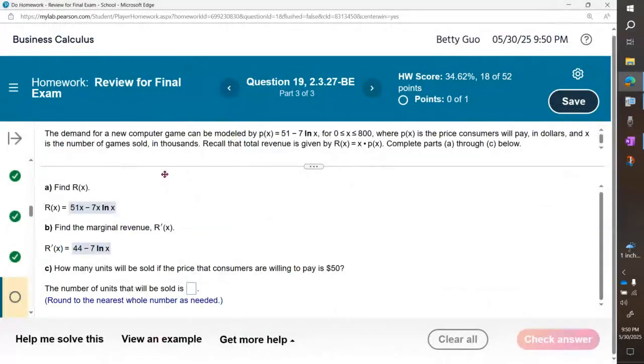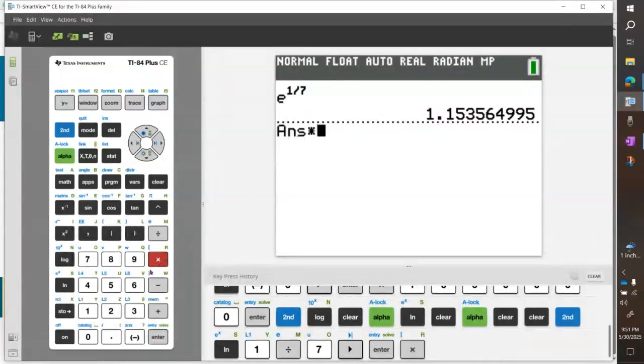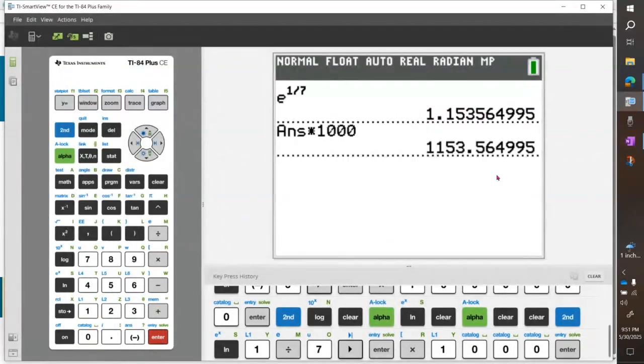X here, oh no, X is in 1,000. It doesn't matter. So X here is the number of games sold in thousands. So that's why this number is so small, times 1,000. And then round it to the nearest whole number, 1154. Because 5 is bigger than or equal to 5, so round it up. 1154.